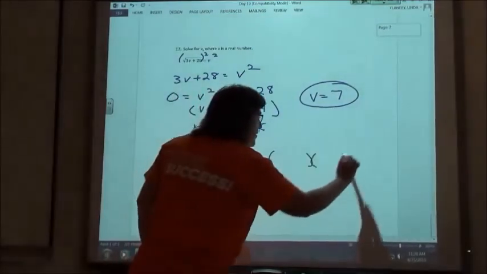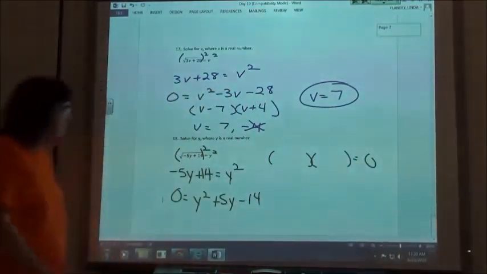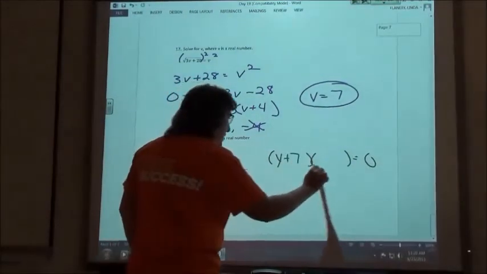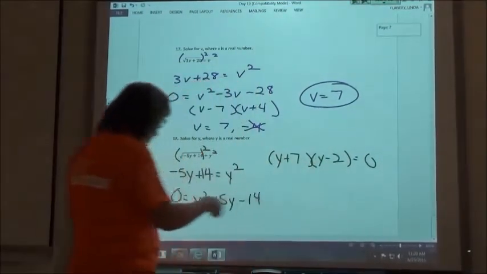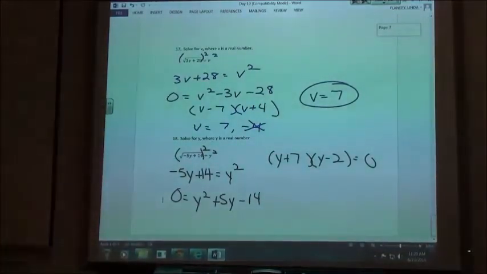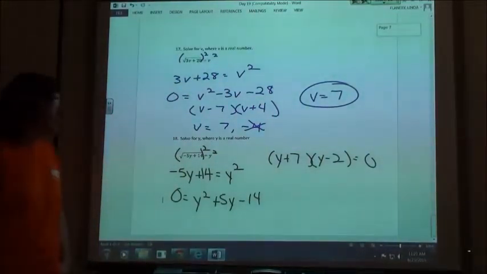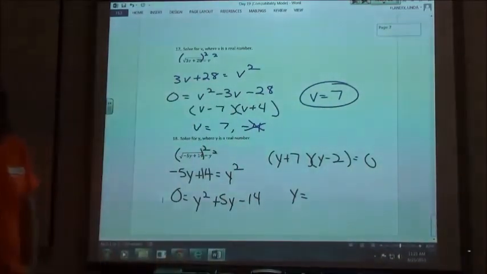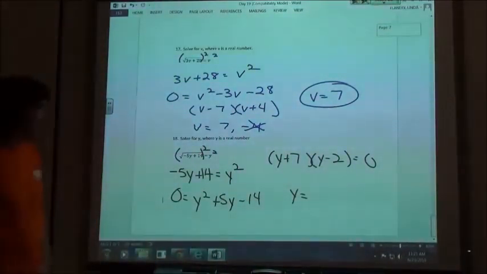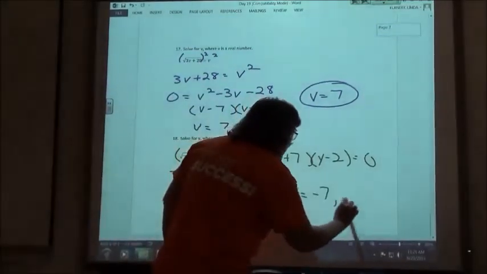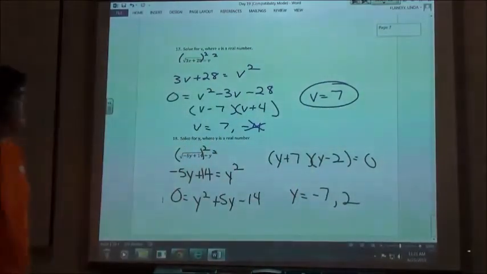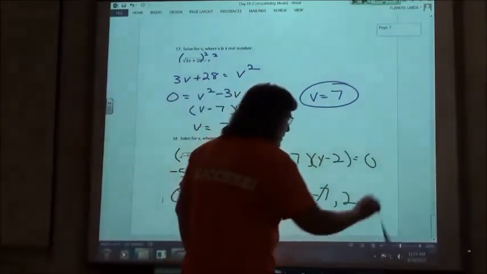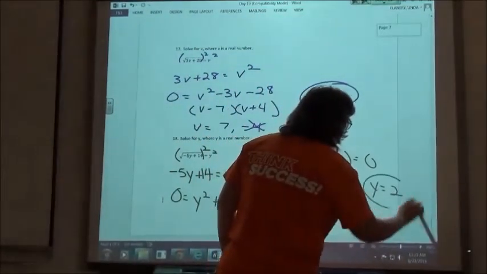That factors into y plus 7 and y minus 2, which gives me plus 5 in the middle. So negative 7 and 2 are my possible answers, but we know negative 7 is not going to work. So y equals 2.